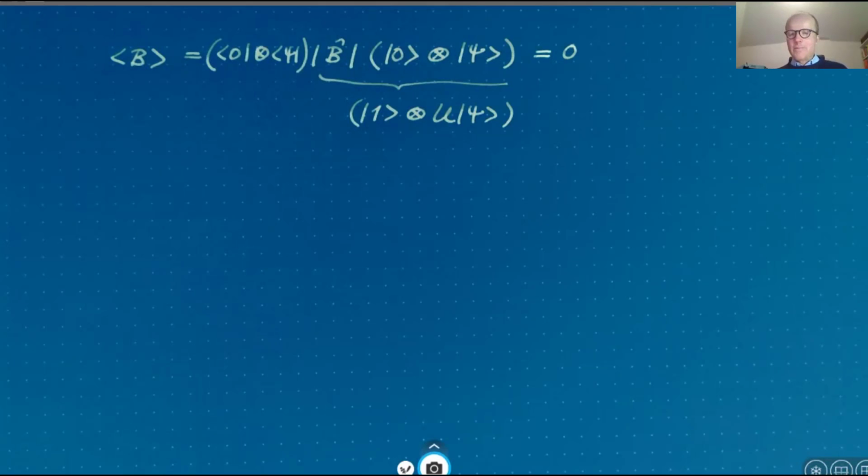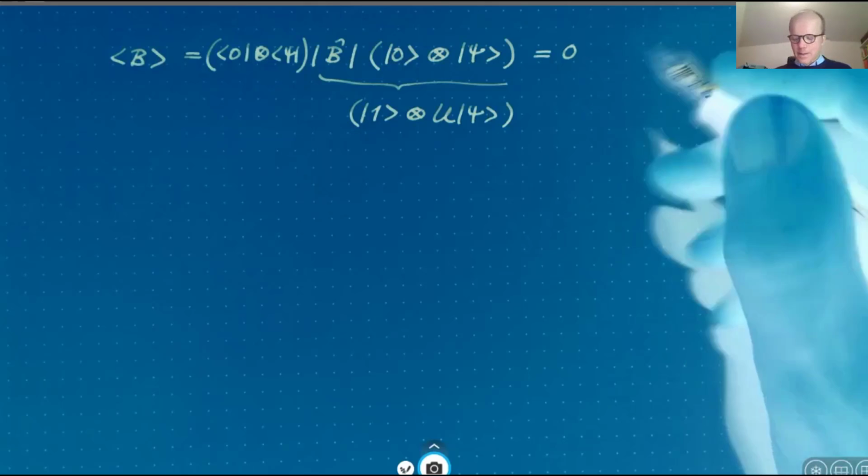This in turn implies that the two possible measurement values, we discussed the fact that the spectrum of B contains only +1 and -1. So these are the two possible measurement values. The expectation value of B is the weighted average of these possible measurement values, weighted with the respective probability.